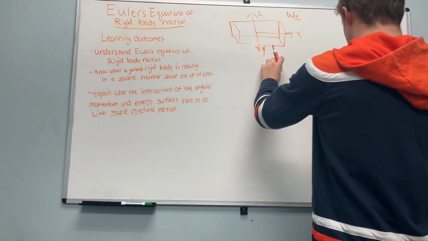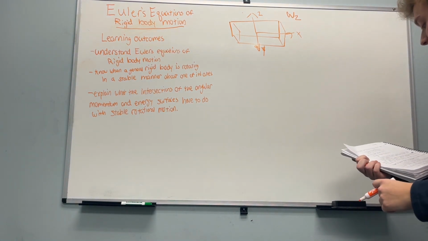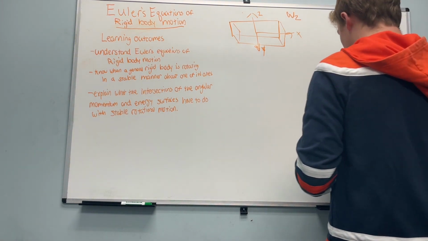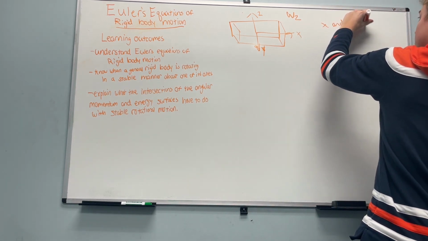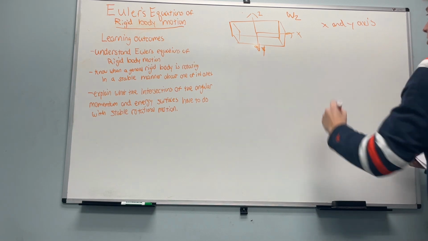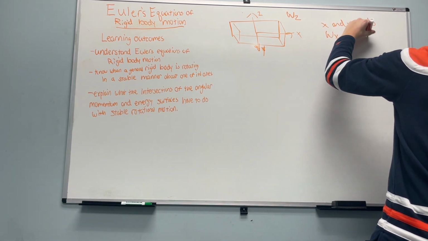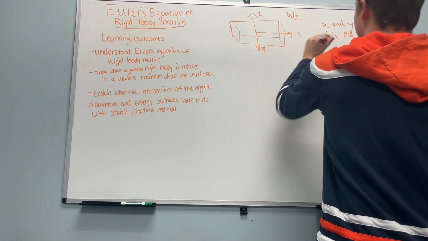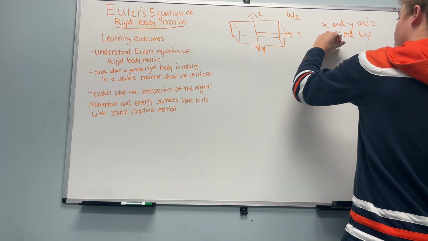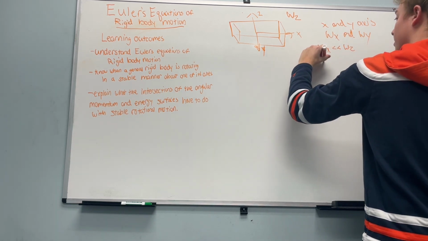And we can examine this question of stability with two small perturbations, rotations about the x and y axes with magnitude omega x and omega y, where these are relatively much smaller than omega z.